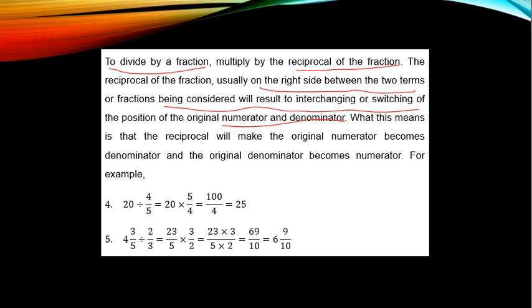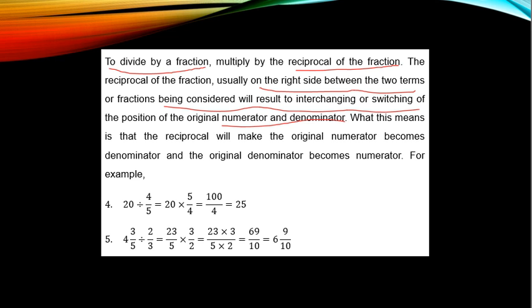The meaning is this: if you are dividing a number by a fraction, the division sign changes to multiplication, and as you are doing that, you take the reciprocal of the fraction you are using. So it simply means you interchange the position of the numerator and denominator of the fraction. That is the reciprocal, and you use it to multiply the number you are dealing with.